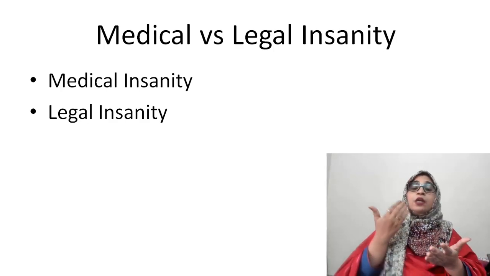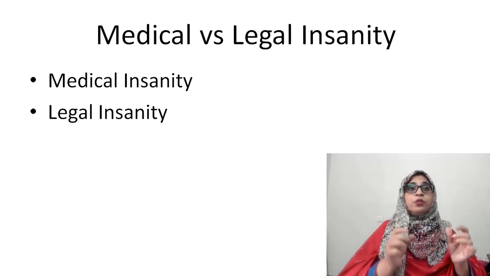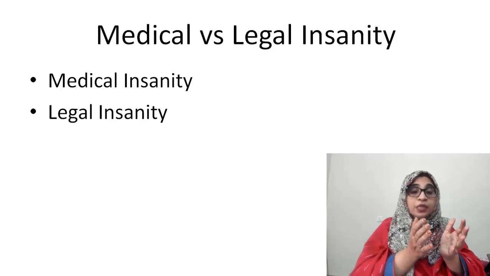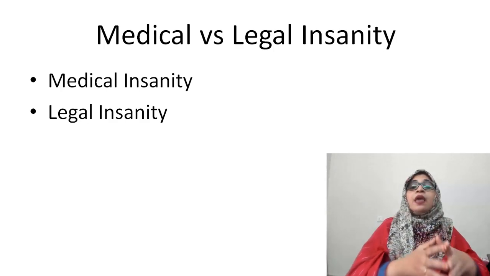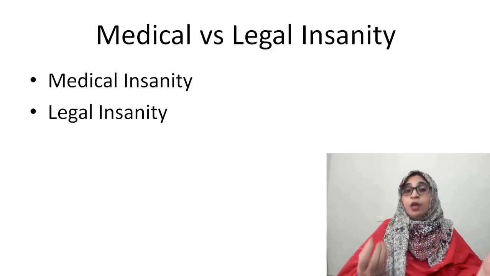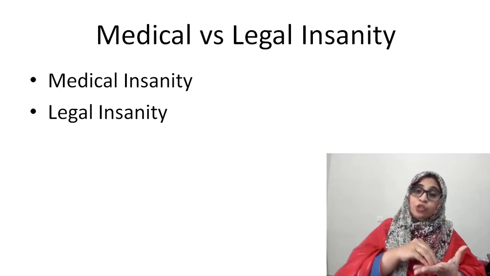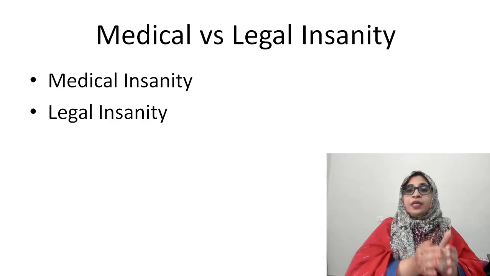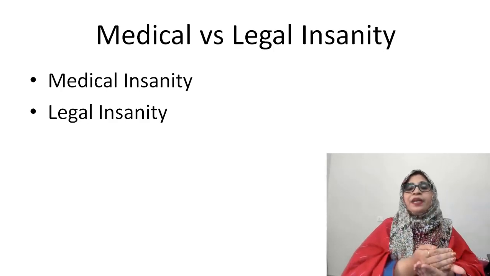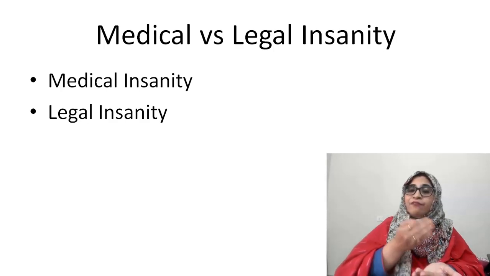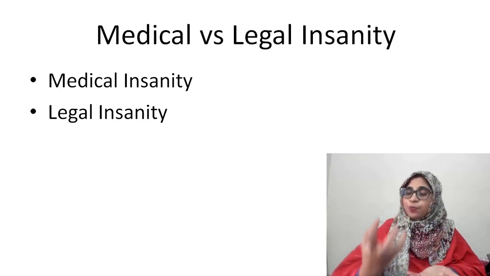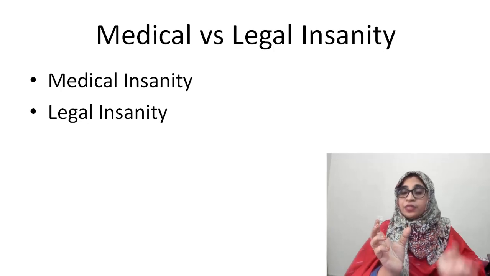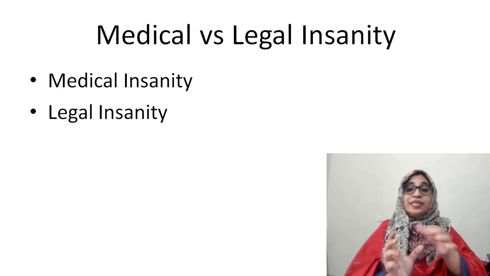So here, in legal insanity and lucid intervals, suppose people have some kind of disease, but in some period, in the lucid interval, they are aware and have knowledge about the act, meaning they can understand what they are doing, what is right and what is wrong. In that lucid period, if they commit any unlawful act or crime, then they will be given the punishment. At that time, if they committed any offense and understood the act, then it does not come under the general exception.